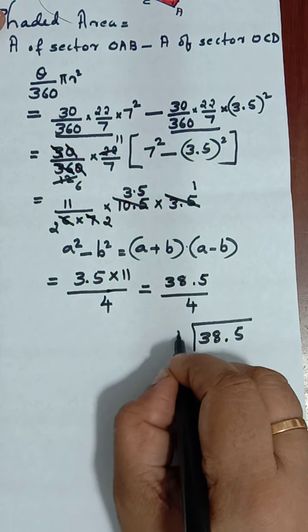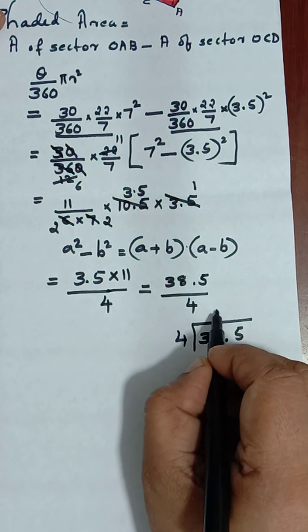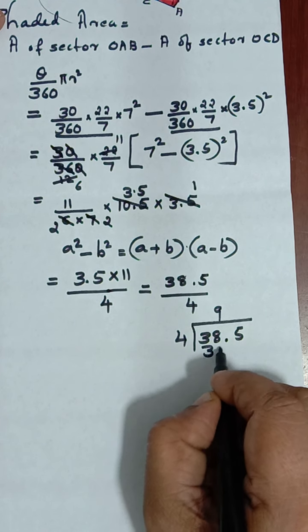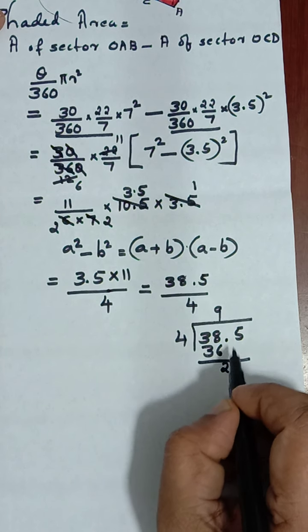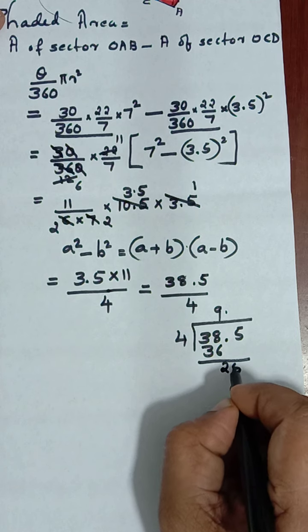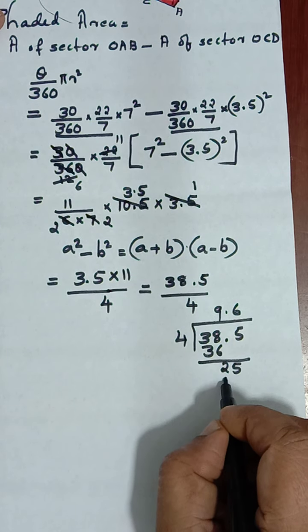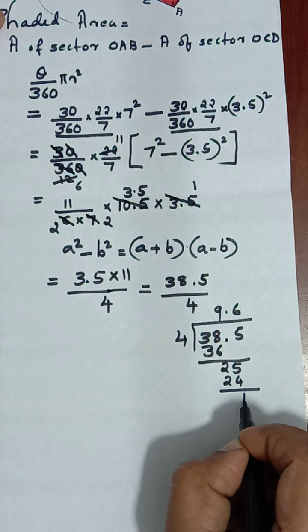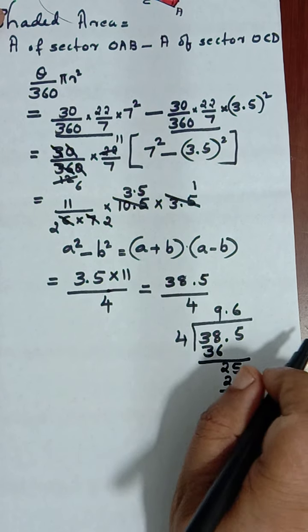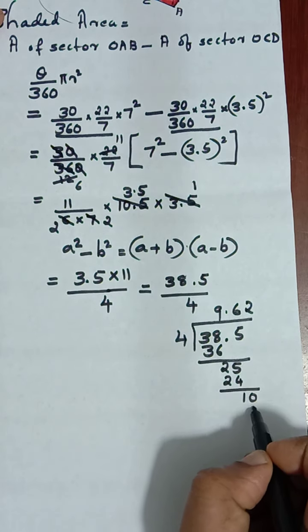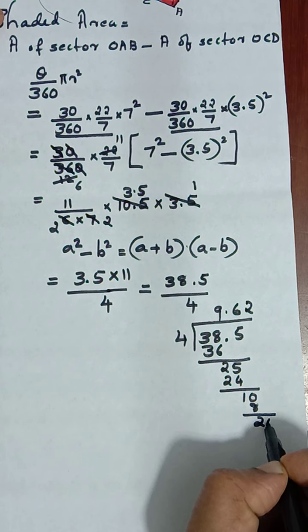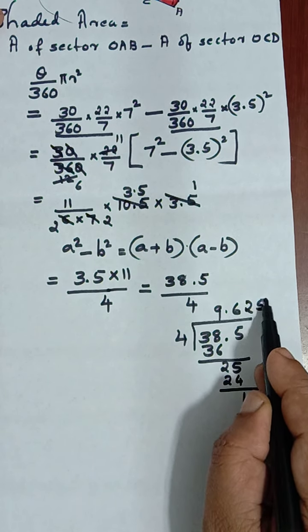38.5 divided by 4. How many times? 9 fours are 36, 2 comes. Give the decimal, bring down. How many times does it come? 6 fours are 24, 1 remainder. You can give a 0. 4 twos are 8, 2 comes, 20. 4 fives are 20.